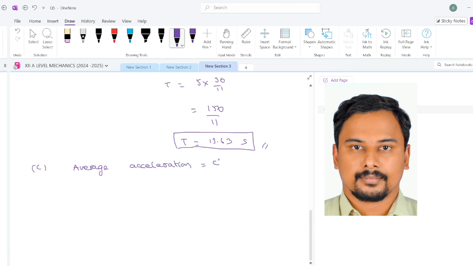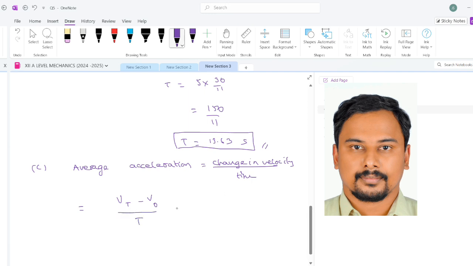What is the formula for average acceleration? Basically it is change in velocity by time. That means velocity at time t equal to T seconds minus velocity when time t is equal to 0 seconds, divided by the total time taken.